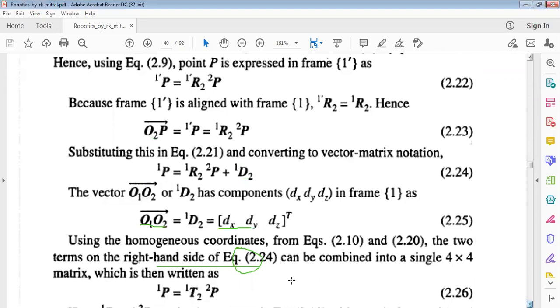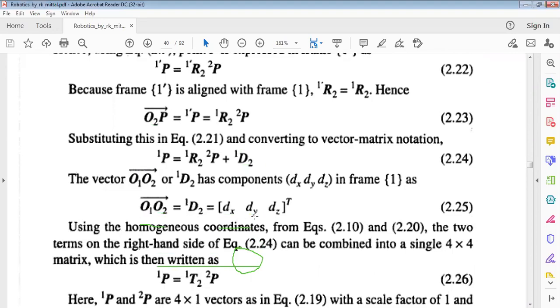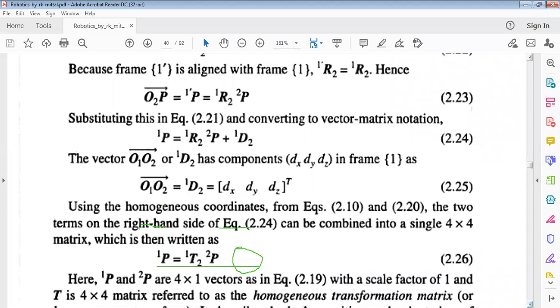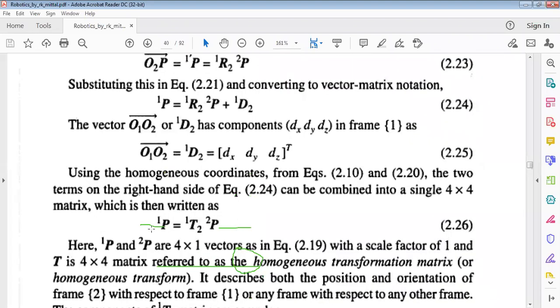1 D2 is a translation vector, a 3 by 1 matrix. So 1P is equal to 1T2 2P.